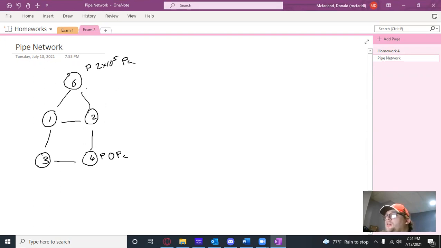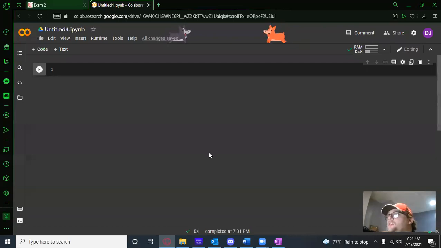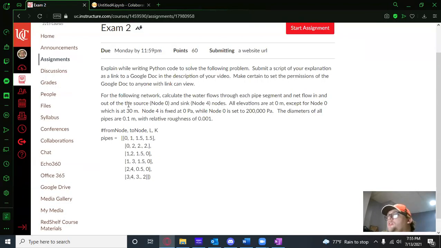And then each of these pipes will have different lengths. So for example, this one from 0 to 1 is 1.5 meters with a K value of 1.5. Now all these values are stored in the exam question. So for example, node 0 to 1 has a length of 1.5 and a K of 1.5. And from 0 to 2, it's 2 and 2.